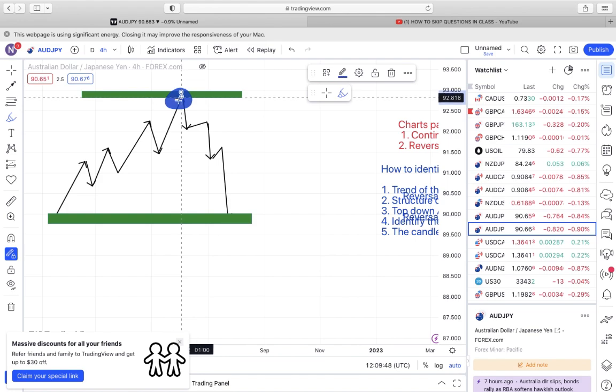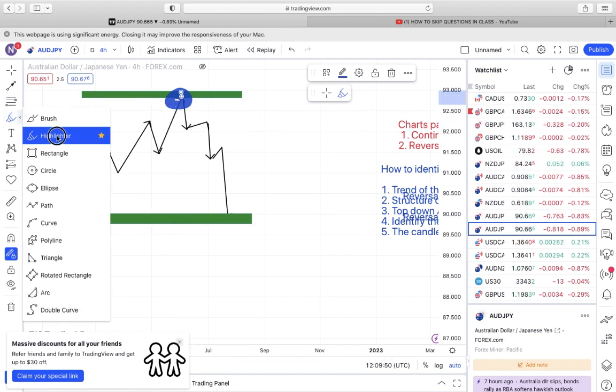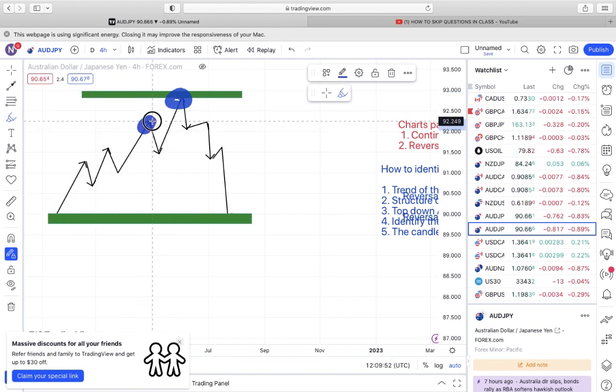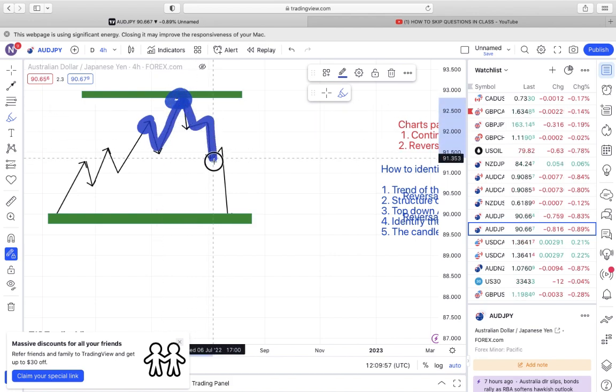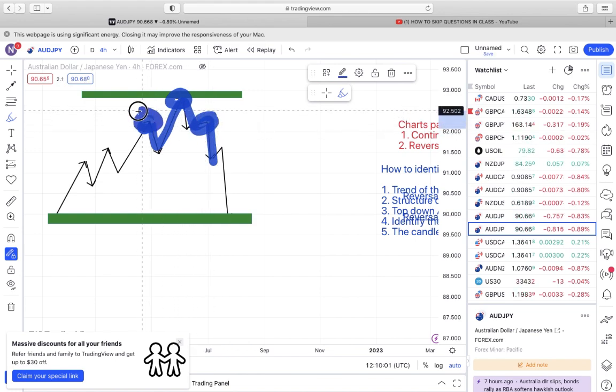This is a key zone, and this market came here, reached here, tested, went back. Now, according to my opinion, this market is forming what we call head and shoulder. Head and shoulder. This is what the market is forming.